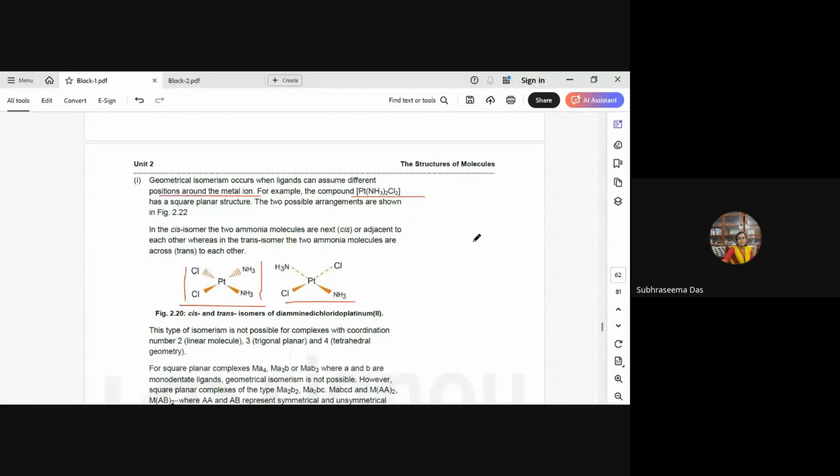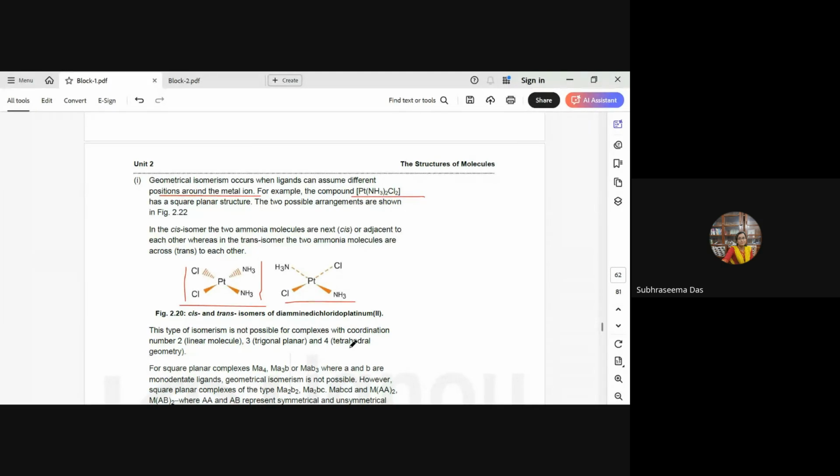But this type of isomerism is not possible for complexes where the coordination number is 2 or 3, or for tetrahedral complexes. If the complex is linear, trigonal planar, or tetrahedral in nature, then geometrical isomerism is not possible.